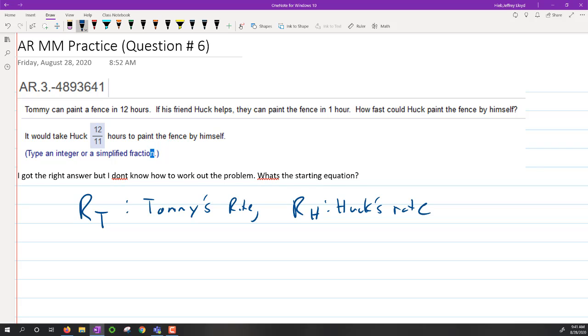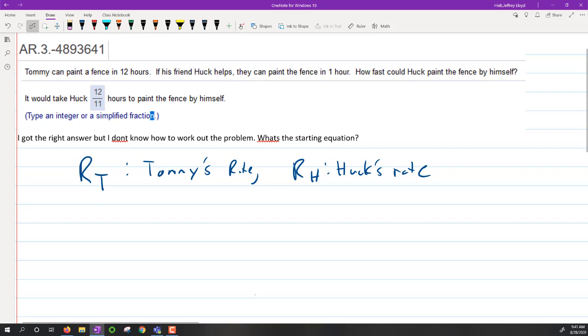Now notice I used R there to indicate that these are rates, because this is how fast they can complete the job. And so the statement that Tommy can paint the fence in 12 hours means that 12 hours times Tommy's rate, and we'll just use 1 to say the job is completed. You could do 100% and it would just change the way things look.